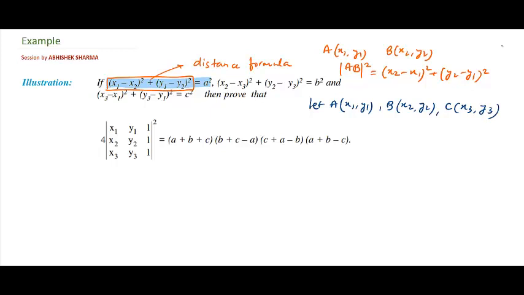As soon as I assume this, from the first relation, what I get is that AB squared must be equal to a square, which implies AB length must be equal to small a.